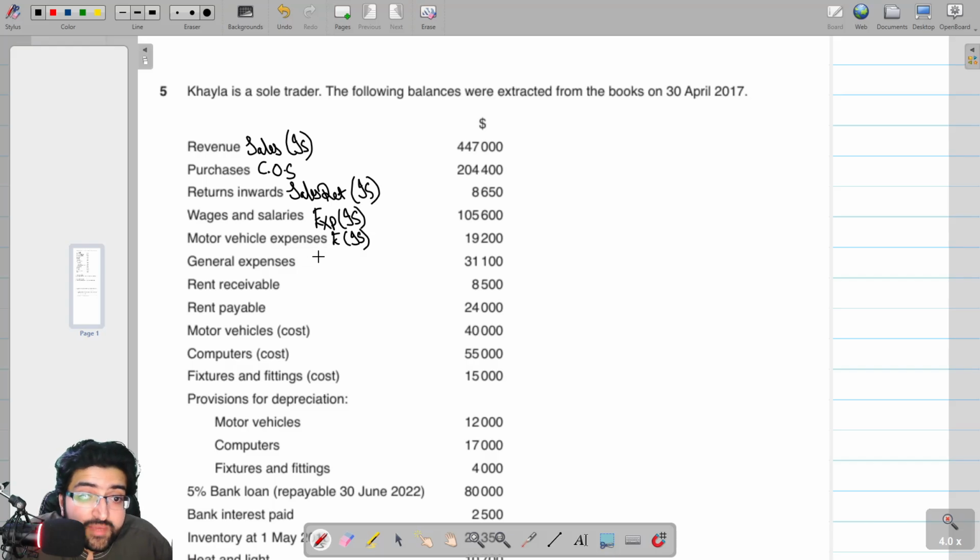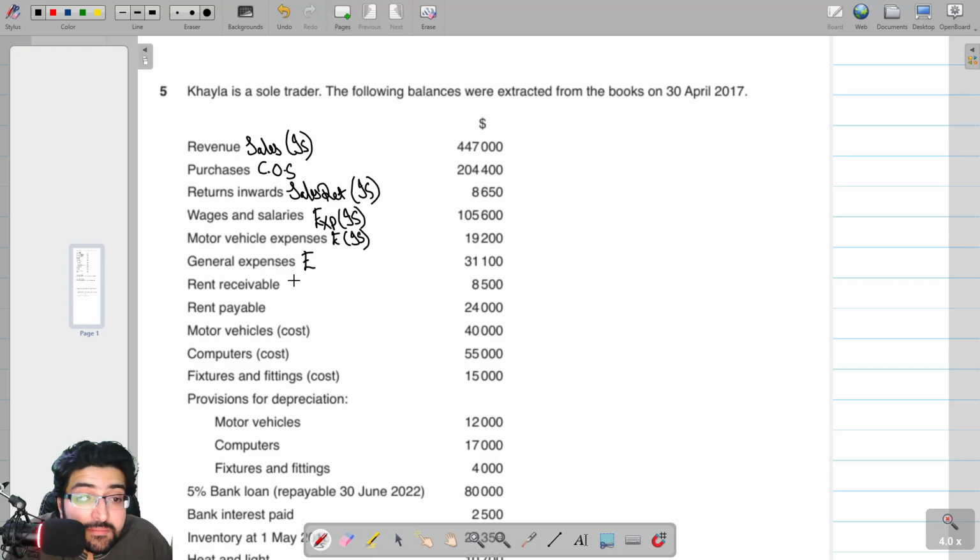Okay, if you make these changes once, they will help you throughout the income statement and SOFP. Things will get faster for you. General expenses, again it's an expense. Now I'm not writing income statement anymore. We should be knowing that expenses are part of income statement. Okay, if you don't know, please go through the video of part 1 of Sole Trader.